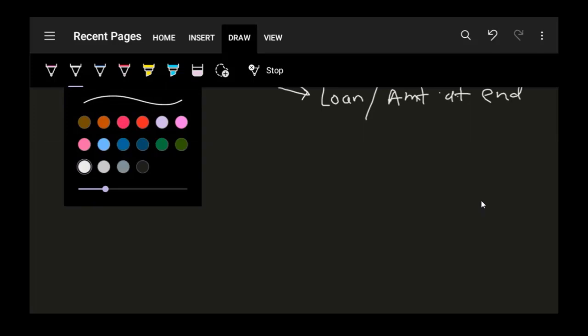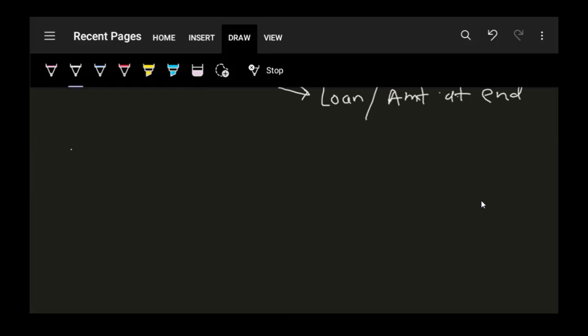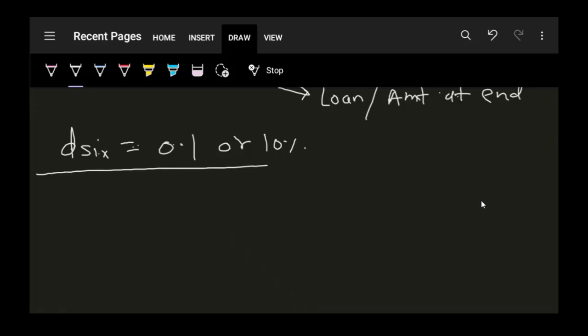So my discount rate will be D6 equals 0.1 or 10%. This discount rate means that I am actually paying effectively 10% for the 6 months duration.